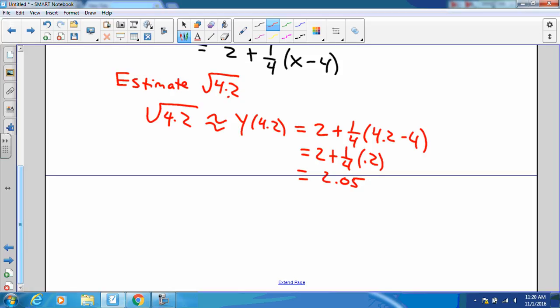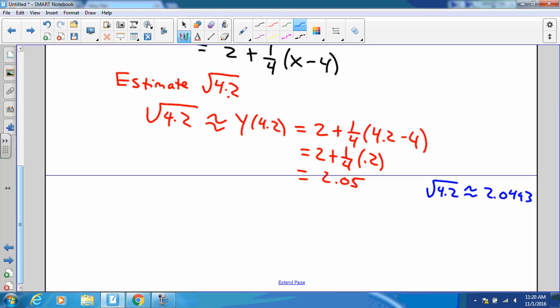Now, for just comparison purposes, let's compare that to the real value of the square root of 4.2, which is approximately, in 4 places, 2.0493. We found it in the other class. How close is our local linearization? Pretty darn close. It's within 0.5%. Less, even.